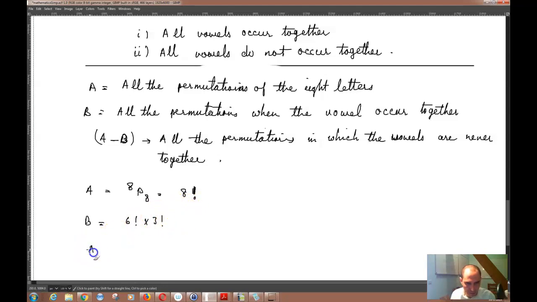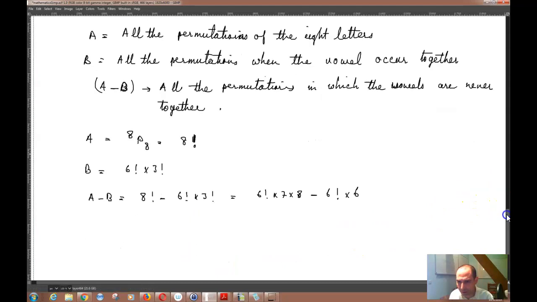So you can write A minus B as 8 factorial minus 6 factorial times 3 factorial, which you can write as 6 factorial times 7 times 8 minus 6 factorial times 6, because 3 factorial is equal to 6. And then you can take a 6 factorial out, and then that's 7 times 8 minus 6. That is 56 minus 6, which is equal to 50, which is the same thing as 6 factorial times 50.